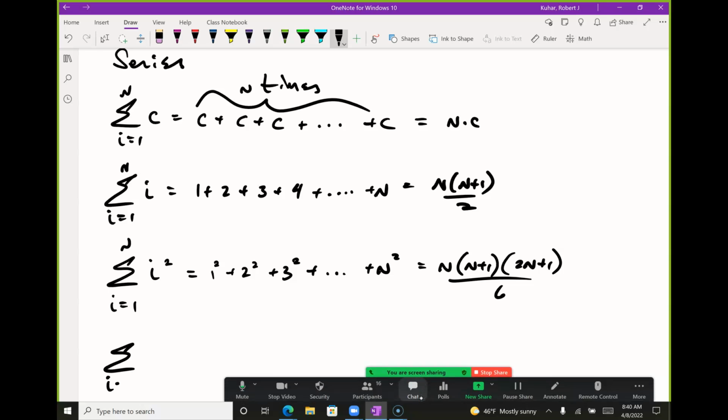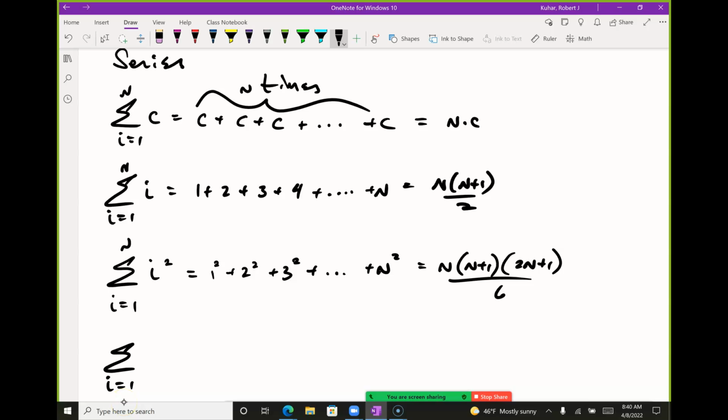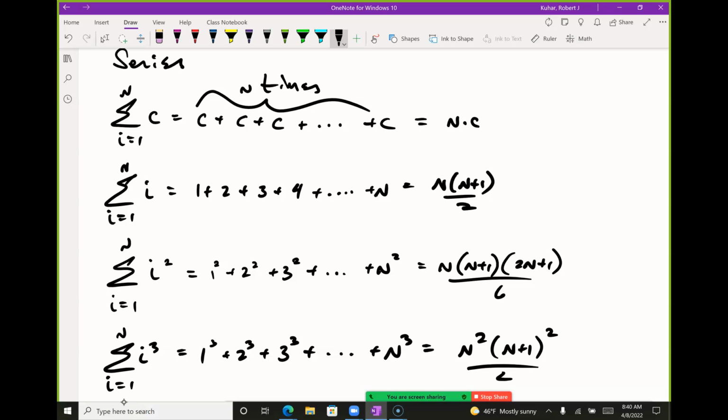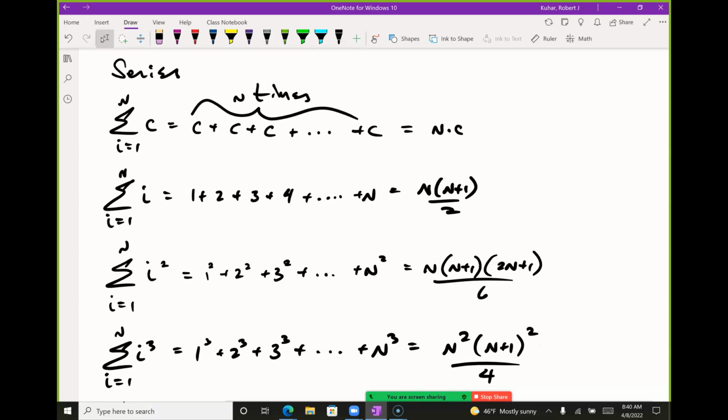And the last one that I'll have you deal with is the indices cubed. So that's 1 cubed plus 2 cubed plus 3 cubed plus dot dot dot plus n cubed. This is the one where you learn about the exclamation point. Yeah, factorial.